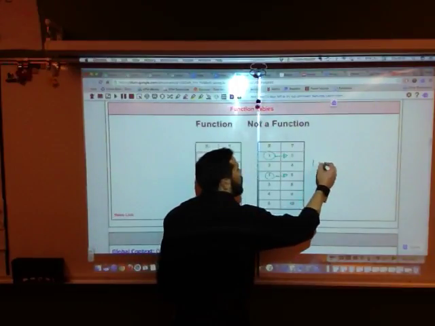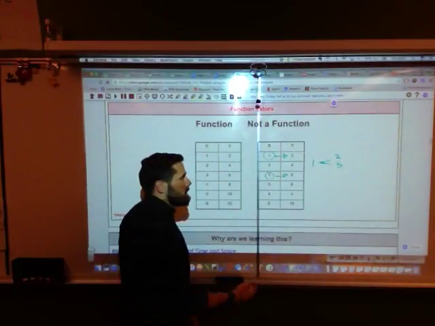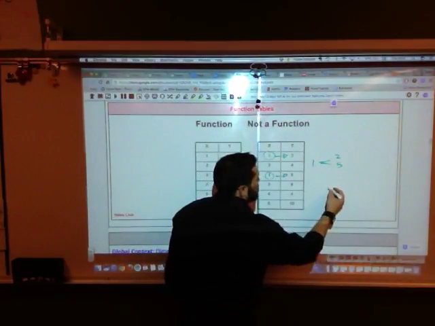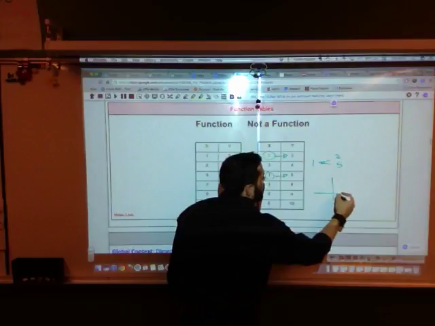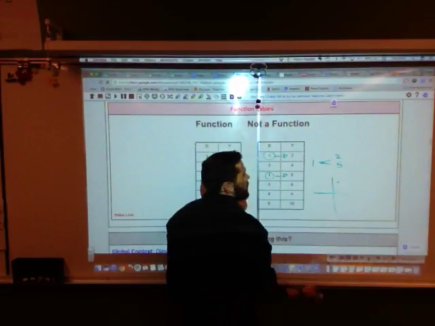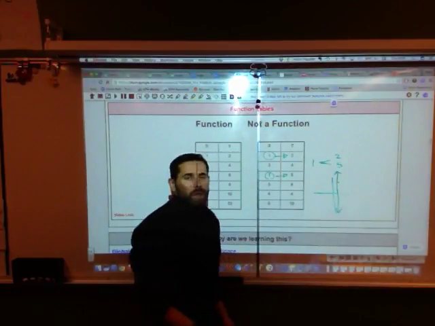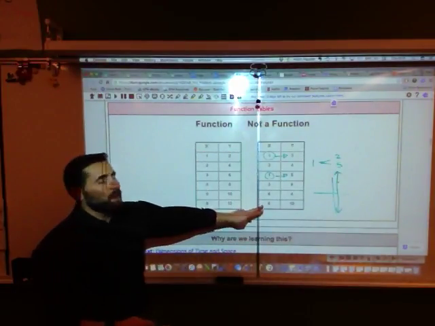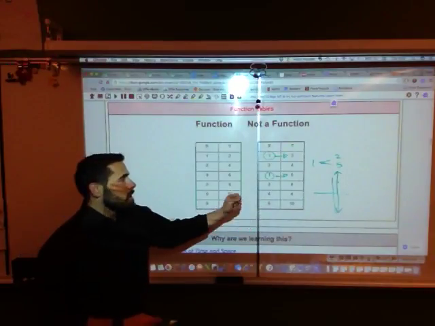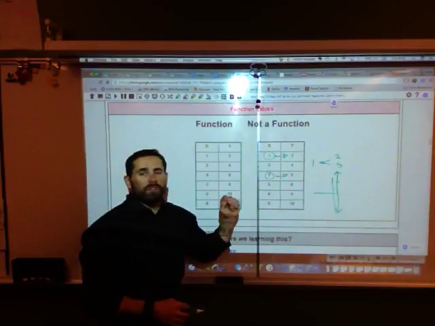So again, 1 is mapping to 2 outputs. If I graphed it, it would be graphing like (1, 2) and (1, 5). It would fail the vertical line test. It wouldn't work, so that's why this is not a function. These can get kind of tricky with a table, but just slow it down and maybe make sure you map them out.